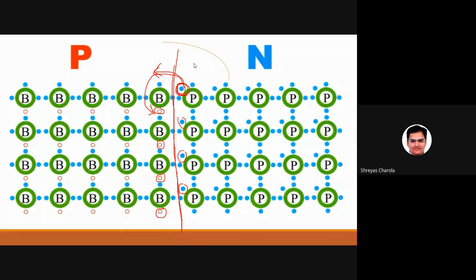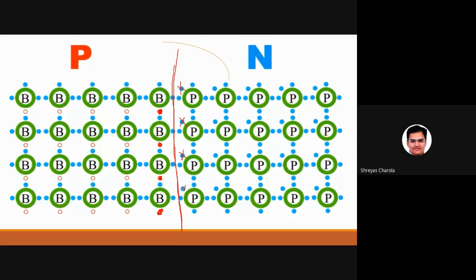So what happens after that? The electron from this place will move and it will occupy the space over here. Yes or no? Yes. The same thing happens for another electron. This electron will move, this will move, this will come over here.